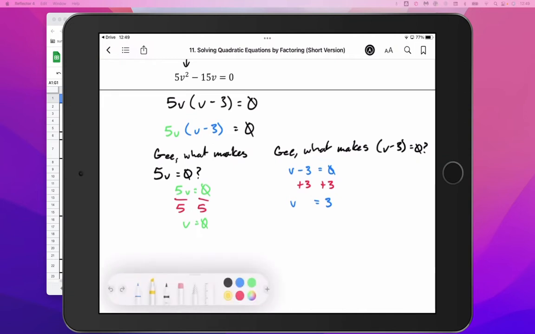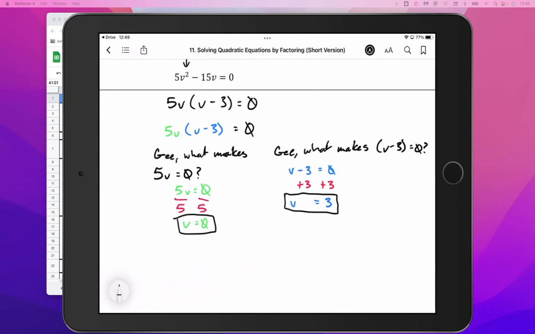Let's test it, but instead of using the original equation, I'm going to use this because it will demonstrate it a little bit better, recognizing that that is equivalent to what we started with. It's just in factored form. And so now recognize that this is the answer. v equals 0 is an answer, and v equals 3 is an answer.